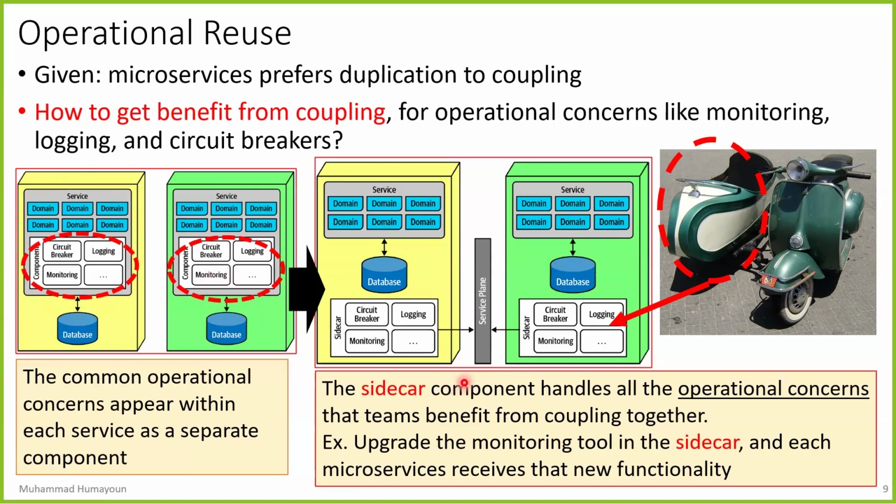The sidecar pattern says that we have a service bus or plane, and the sidecar components here and here are connected through this plane. If I upgrade it here, it will be upgraded here as well. So this allows us operational reuse.